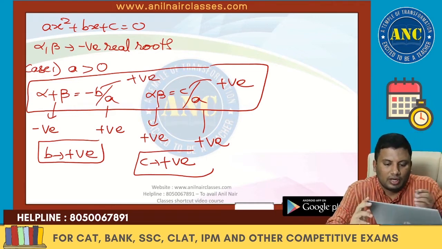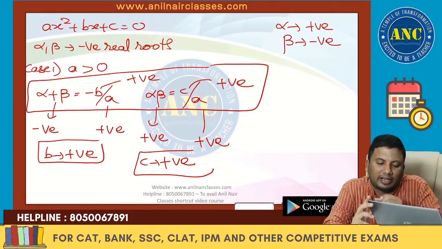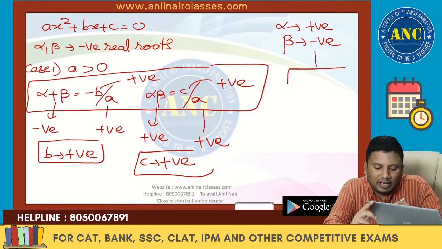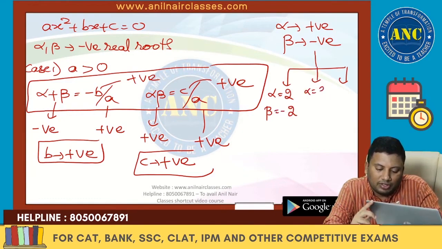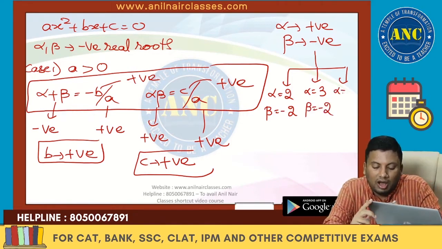Now, it is for you to do a little bit of research. If alpha is positive and beta is negative, there are 3 cases that you will get. Alpha is 2, beta is minus 2: the sum of the roots becomes 0. Alpha is 3, beta is minus 2: alpha plus beta is positive. Alpha is 2, beta is minus 3: alpha plus beta is negative.